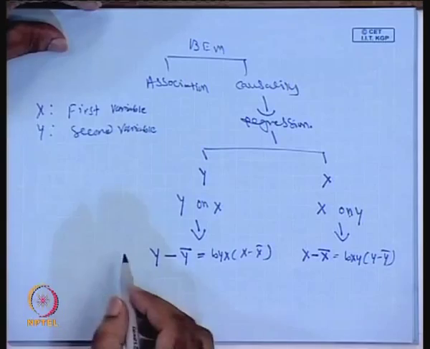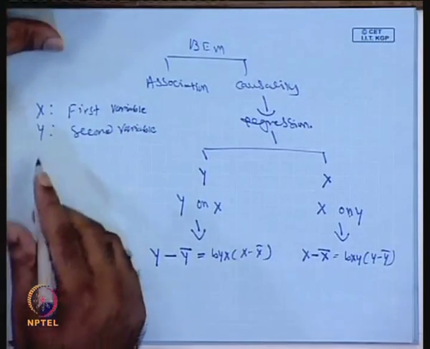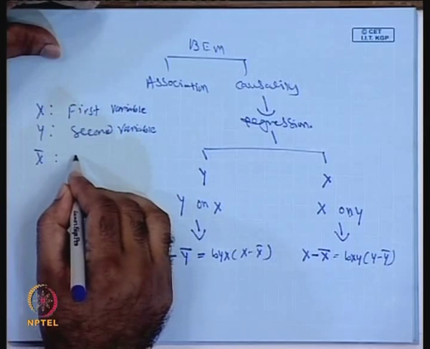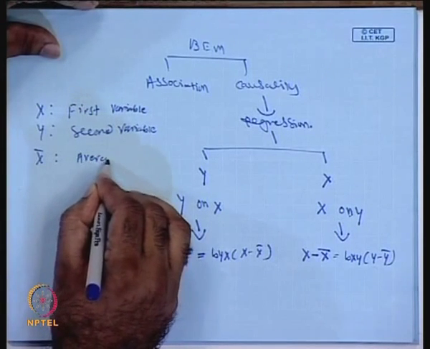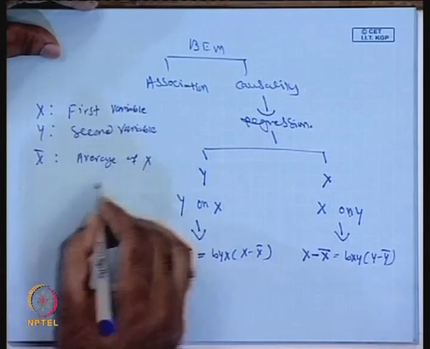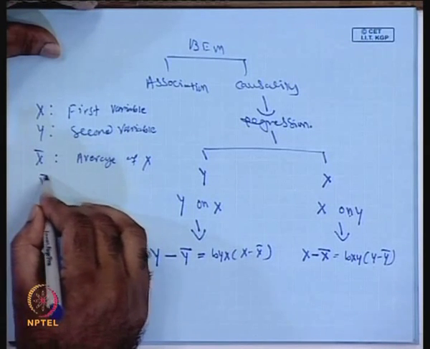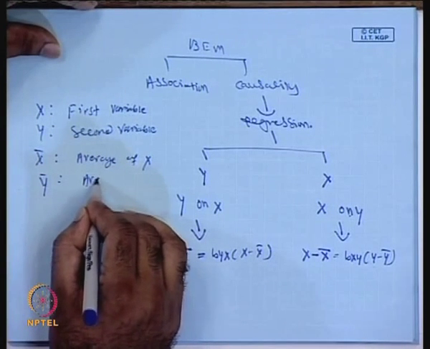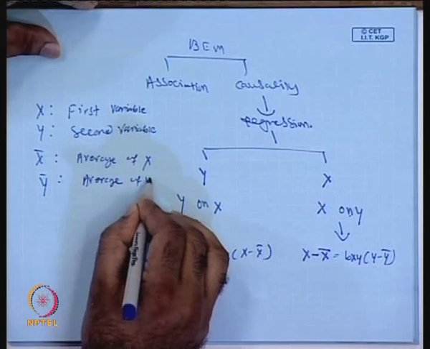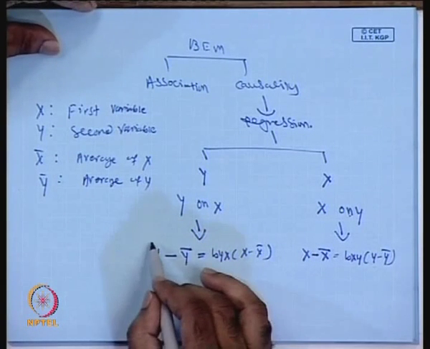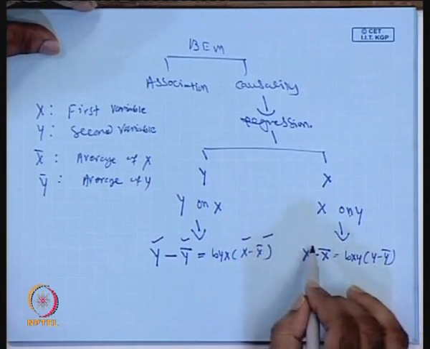Now, x and y are two variables, x bar is the average, the mean of x, and y bar is the average of y.